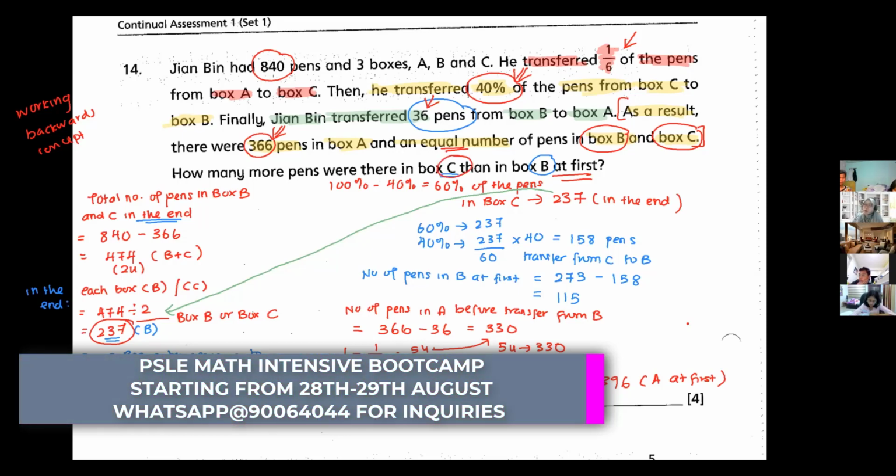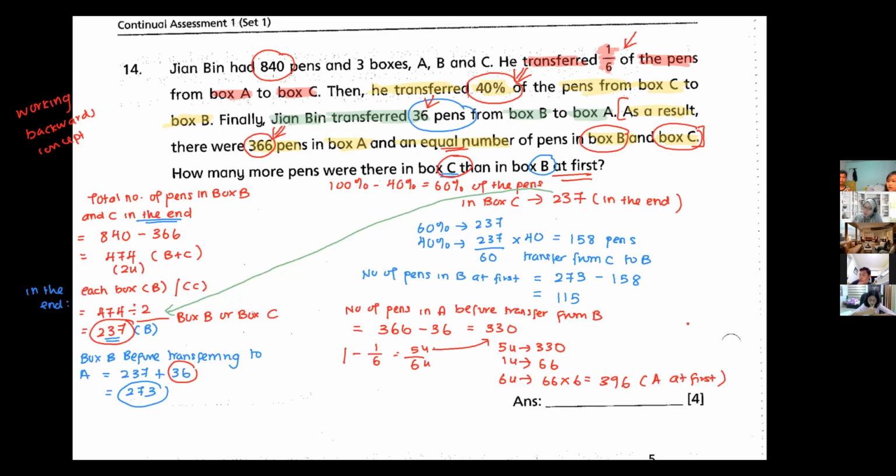I have my B ready just now, but I still want my C. The number of pens in C at first equals your 840 total number of pens, minus your 396 that is in A, minus away your 115 that is in your B. That will give me 329.